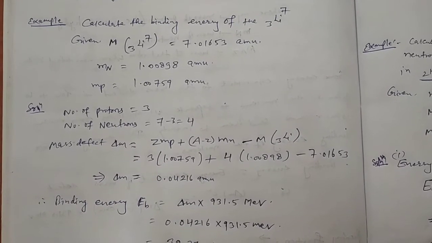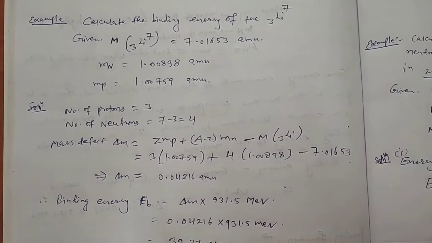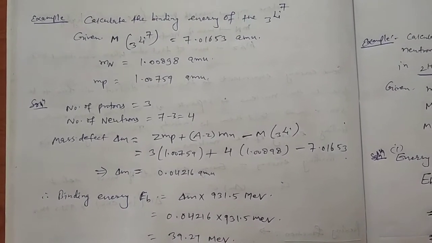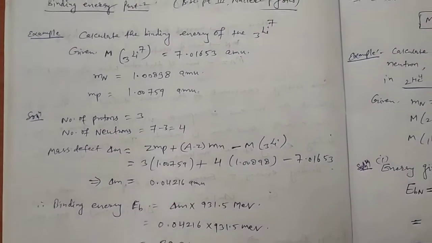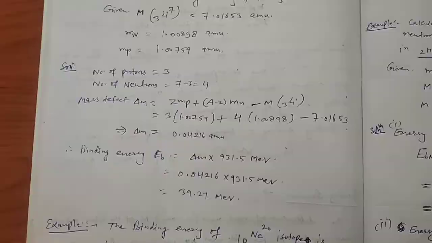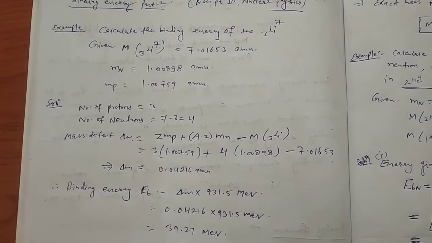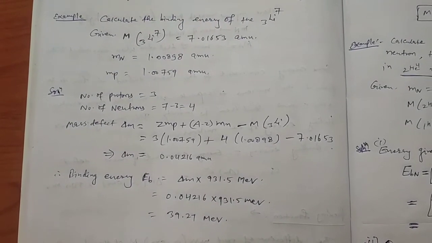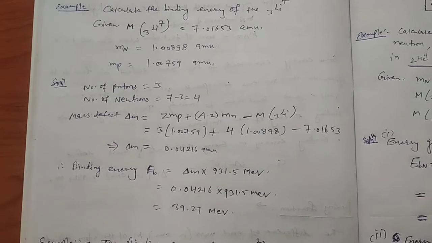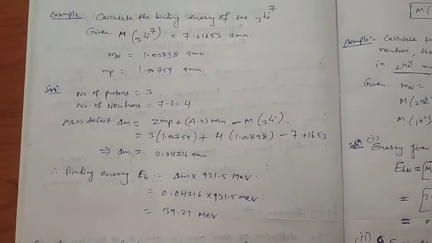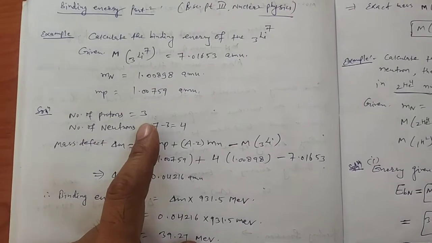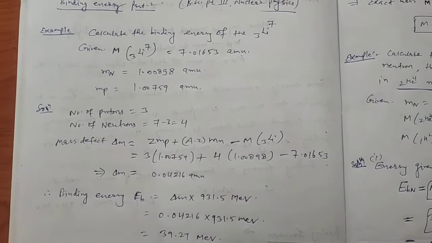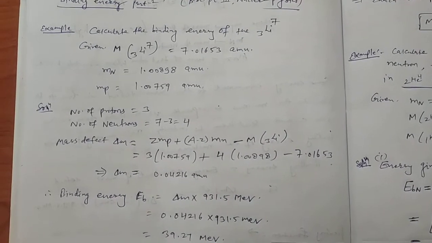Here it is given that the mass of the nucleus is 7.01653 AMU, and the masses of neutron and proton are also given. Now we know that the binding energy formula contains the mass defect. So first we calculate the mass defect delta M, because in this nucleus there are three protons and 4 neutrons, 7 minus 3.